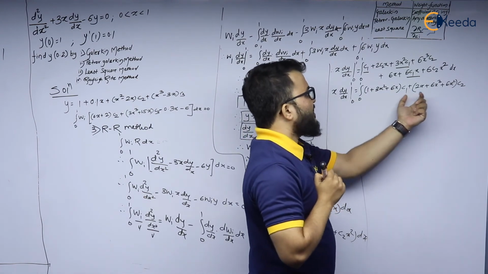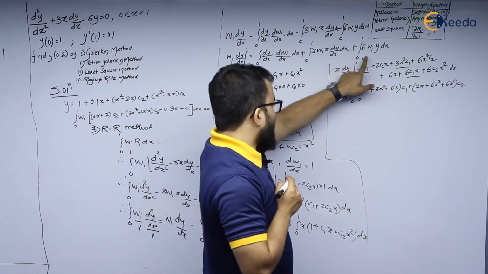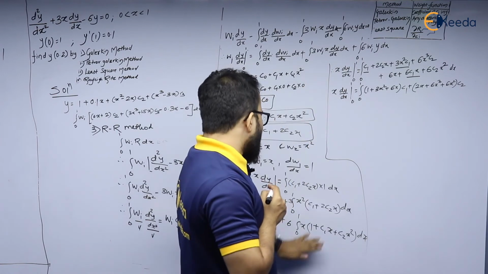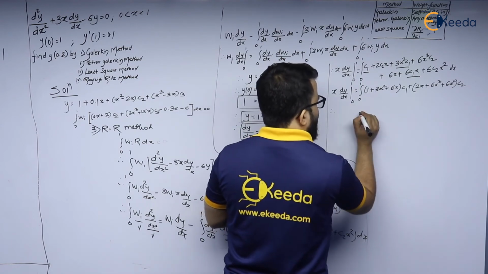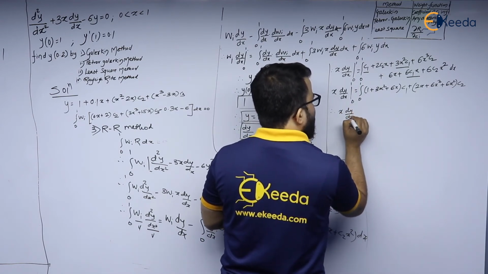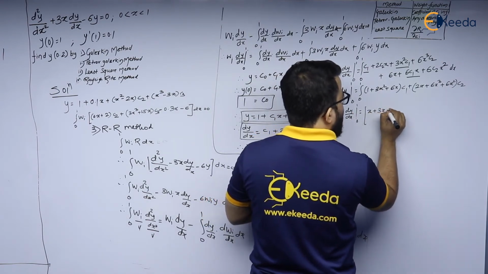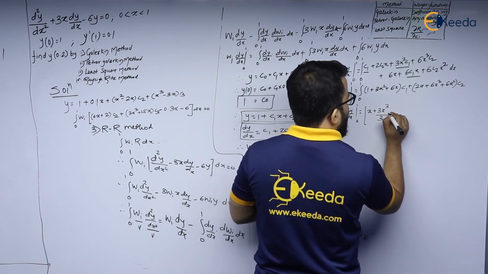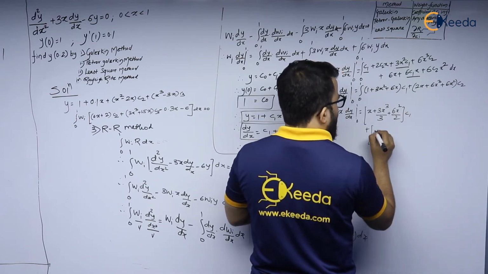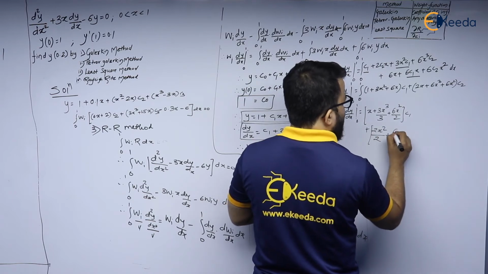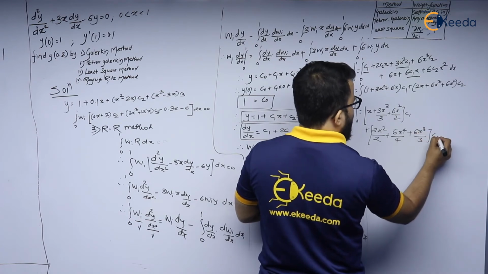Now I will do the integration: x dy by dx from 0 to 1 equals x plus 3x cube by 3 plus 6x square by 2 into C1, plus 2x square upon 2 plus 6x raised to 4 upon 4 plus 6x cube upon 3 into C2.